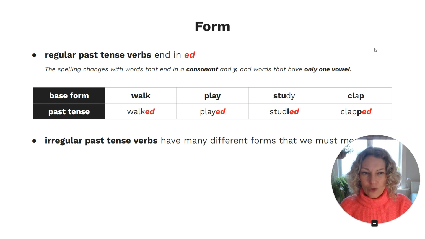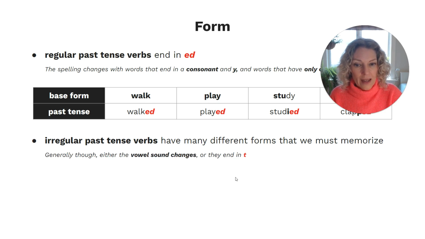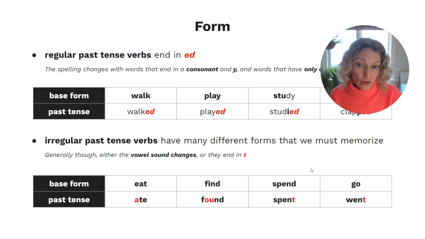It's those irregular past tense verbs that are more difficult. They have many different forms, and you just have to memorize them. So you need to do a lot of practice to get those right. In general, the irregular past tense verbs involve either a vowel sound change or they end in the letter T. So if you look at the verb eat, the vowel sound changes to ate in the past tense.